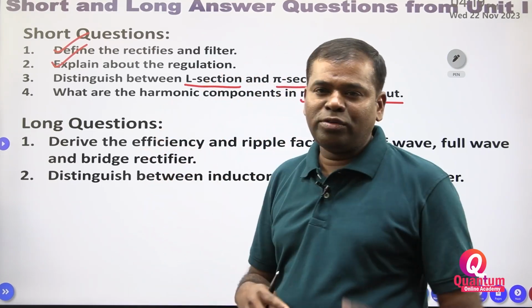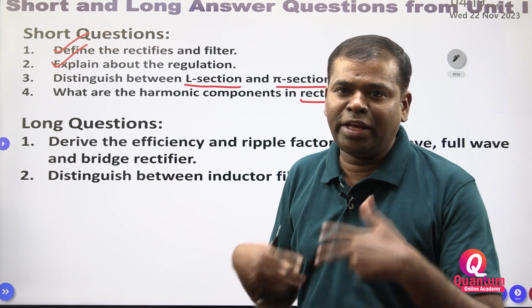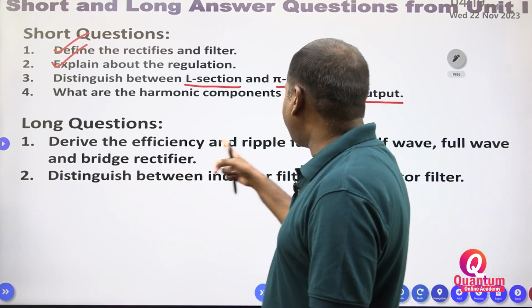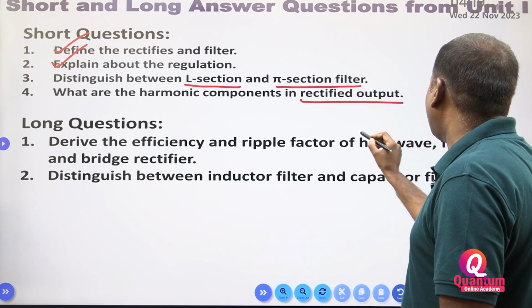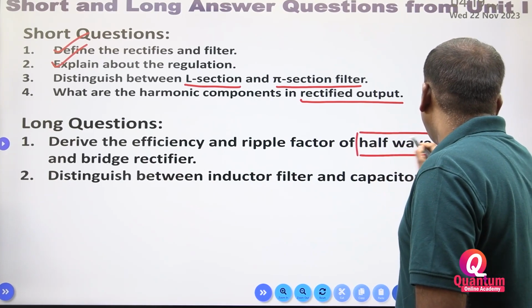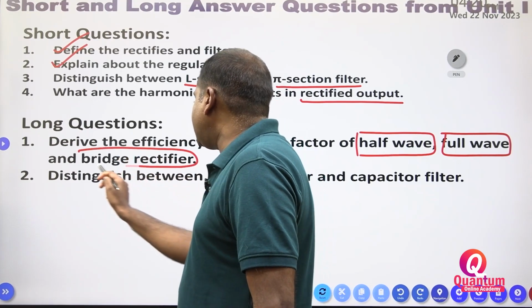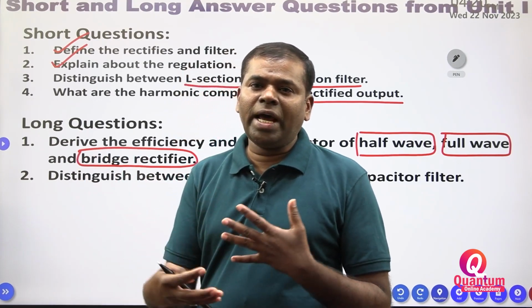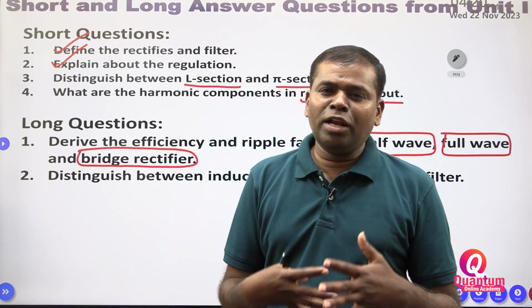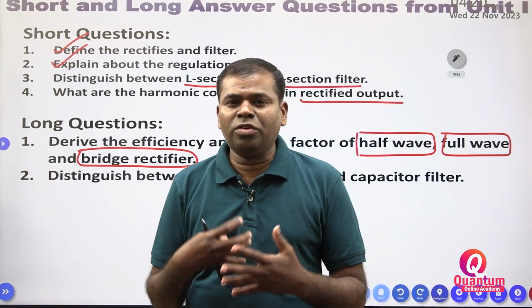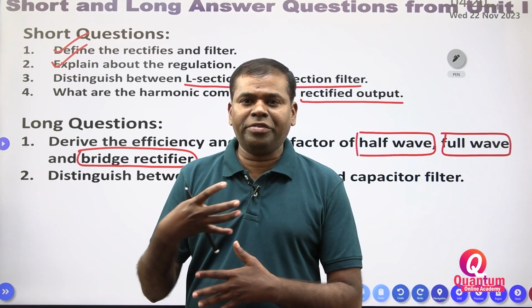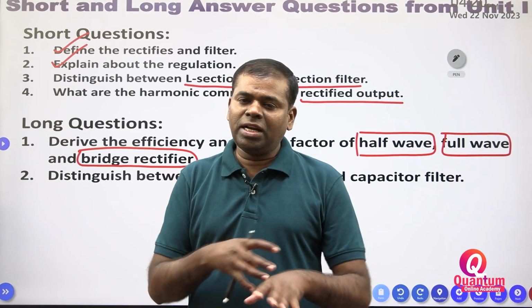For long questions, there are only 2 questions in unit number 1. Derive the efficiency and ripple factor for half wave rectifier, full wave rectifier and bridge rectifier. Within the 3 rectifiers you have to learn the VRMS value, average value, peak factor, form factor, efficiency, ripple factor, everything.